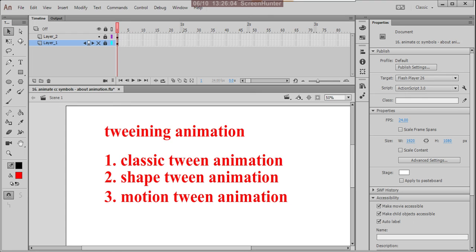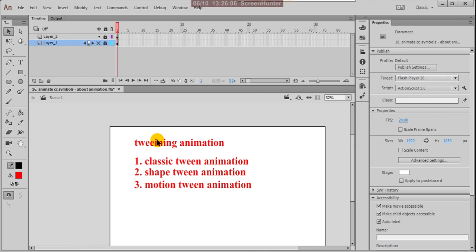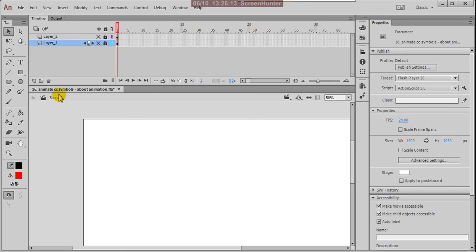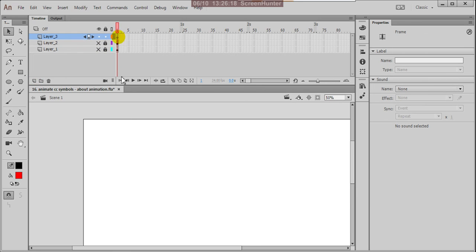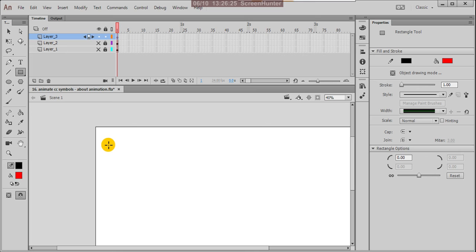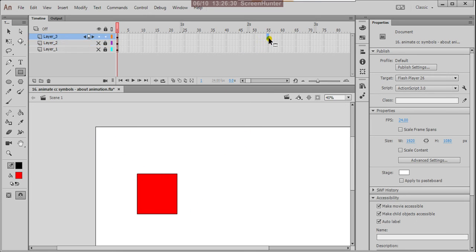What is classic tween? Generally, in classic tween animation, you place one frame here and another frame somewhere else, and between these two frames we animate.